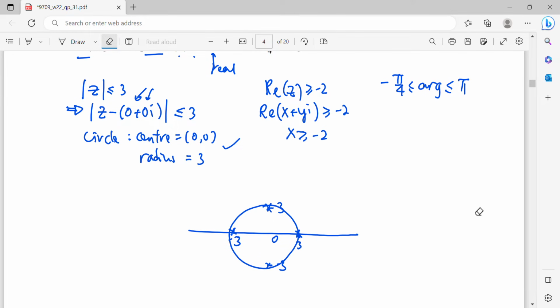So maybe I just adjust my y-axis, then it will be easier. All right. So here is 3, minus 3. Okay. So now from here, we have to label our axis.